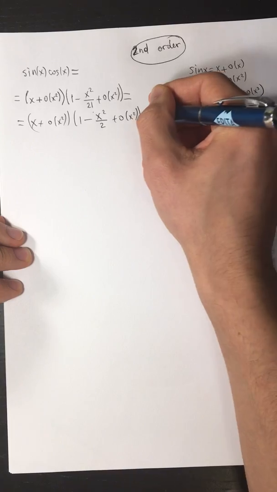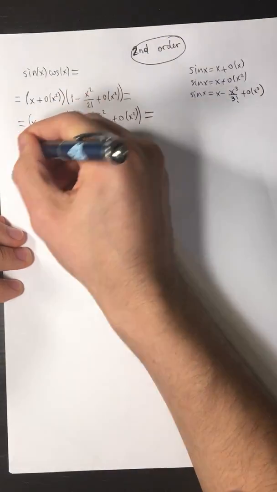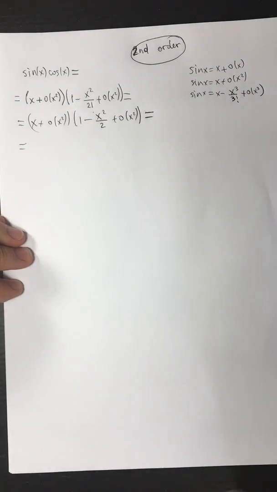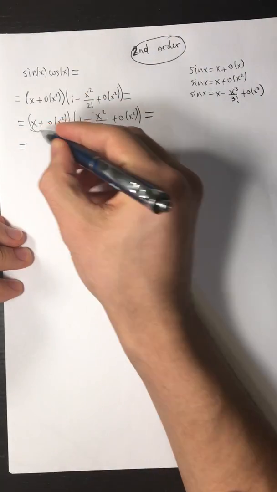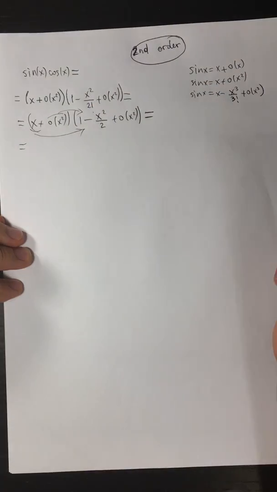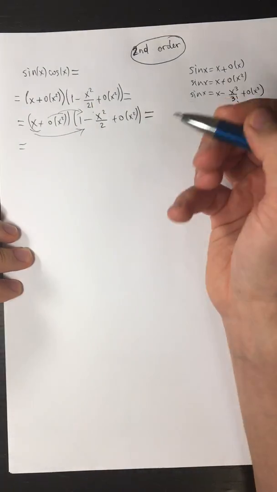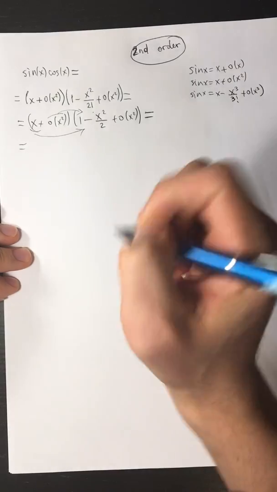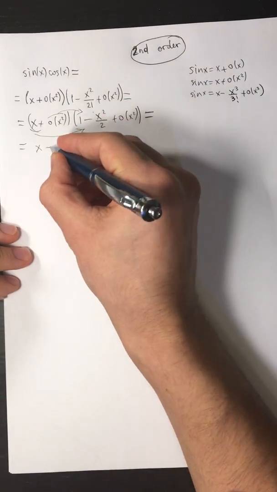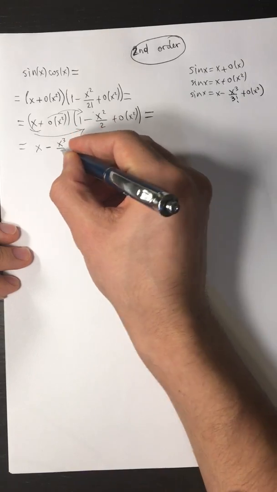Now, traditional, like middle school. You have two expressions and you have to multiply them. You take this one and multiply with all of them, and then you take the next one and multiply with all of them. So let's do it. x times 1, x times this, x cubed divided by 2.